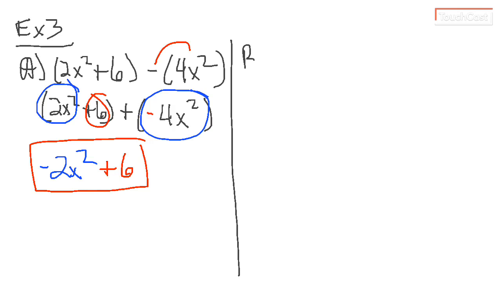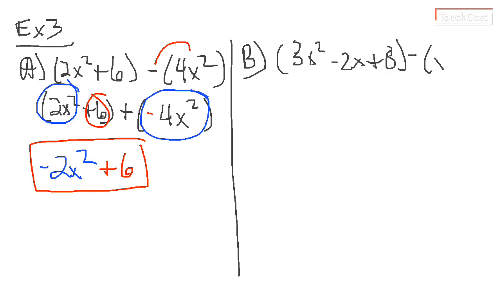This will be example 3b, and then we'll have one final kind of application example. So we're going to subtract x squared minus 4 from 3x squared minus 2x plus 8. We are going to start by distributing the minus to the x squared minus 4, and we're going to rewrite our problem.